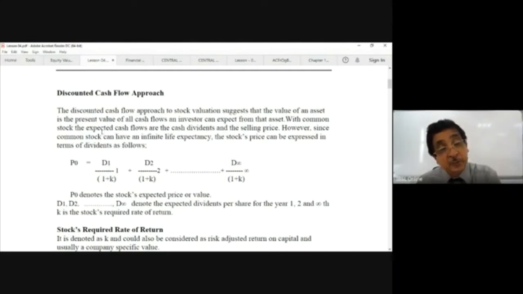All those assumptions are in this discounted cash flow approach. Now when you get a particular stock, if its present price is B0, we can have a relationship evaluating the present price of the stock.